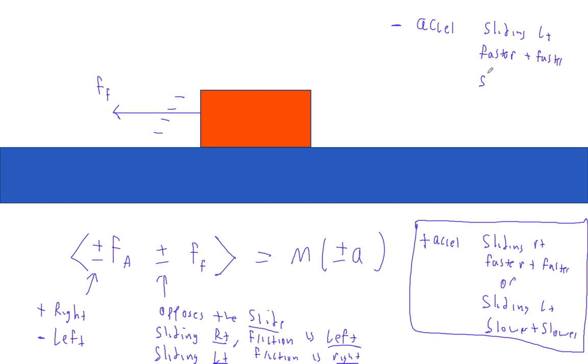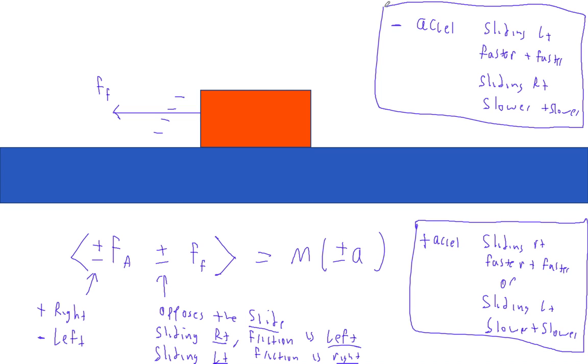Or sliding right and going slower and slower. Either one of those is a negative acceleration, okay? People tend to focus on this bottom one here, where you're going slower and slower, but a negative acceleration could also be going faster and faster.